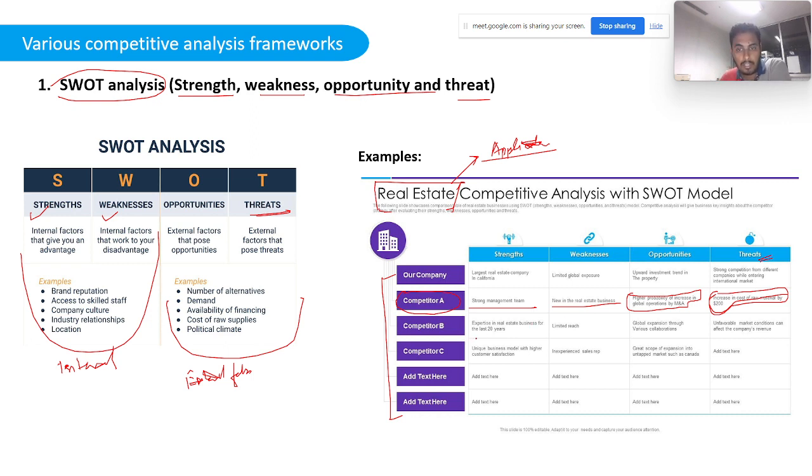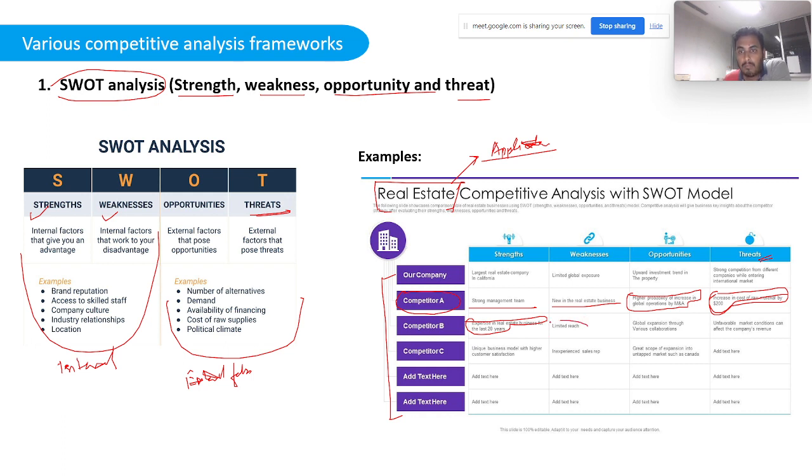Similarly, competitor B's strength can be that they have expertise in the real estate business for the last 20 years. That means they know how to deal with various scenarios, what customers are looking for, what their needs are, and what searches they generally perform on their websites and applications.